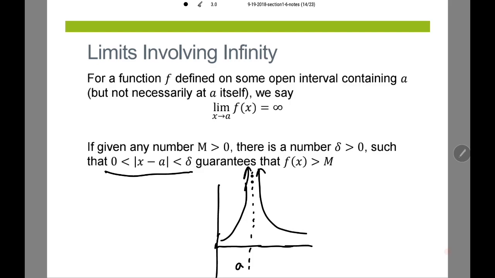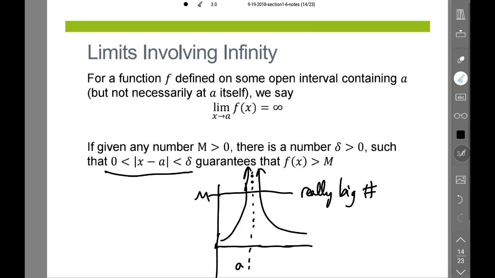I guess I should redraw my function to actually show it like this. Pretty much what we're saying is that if we can get to this number m, we can show that my function is going to be bigger than this really big number, and that we're going towards infinity.